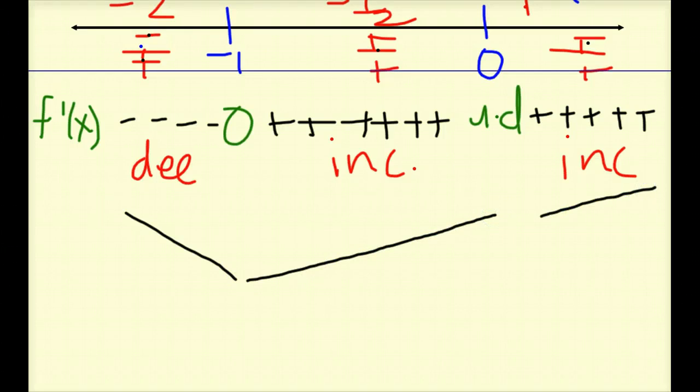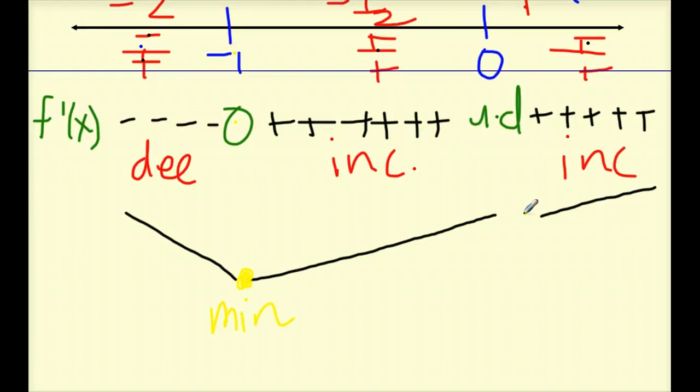So if that's the case, what kind of point do I have down here? Good, this is my minimum value when x is equal to -1. And if you notice, nothing is really happening up here.